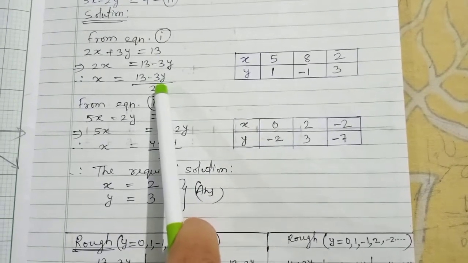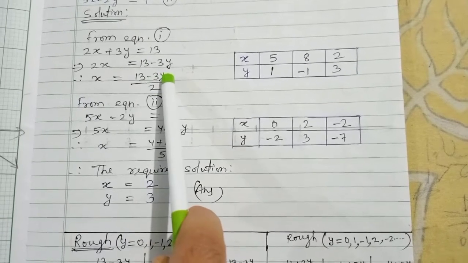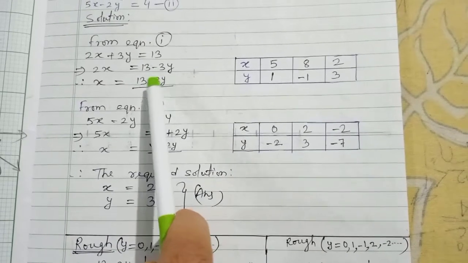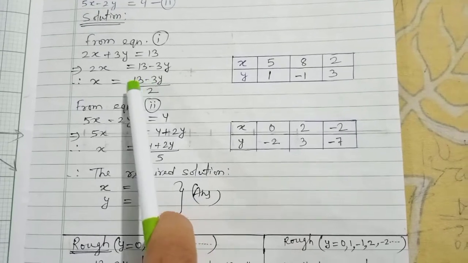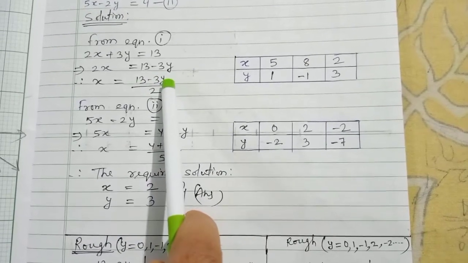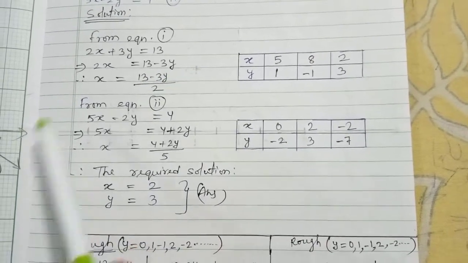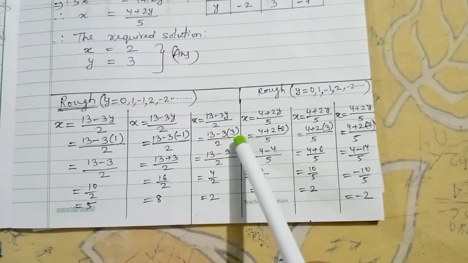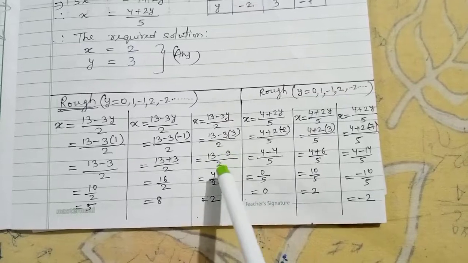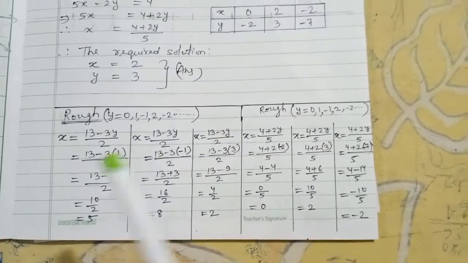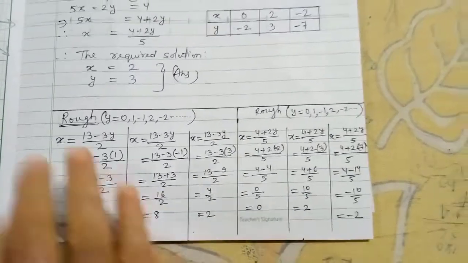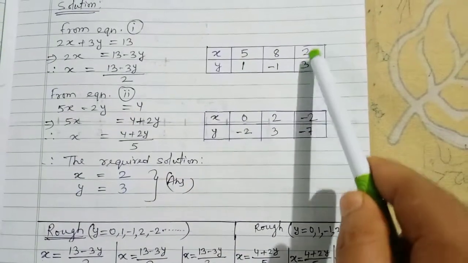Put minus 2 also: 3 twos are 6, but minus into minus is plus, 13 plus 6 is 19, and 19 by 2 is unsuccessful. But when I put 3, it is successful. 3 threes are 9, 13 minus 9 is 4, and 4 by 2 is 2. So 3 and 2 is our answer. Same thing I have done here, children.